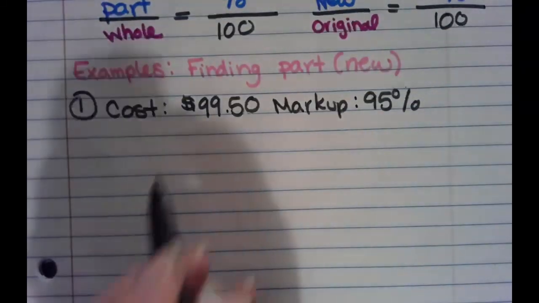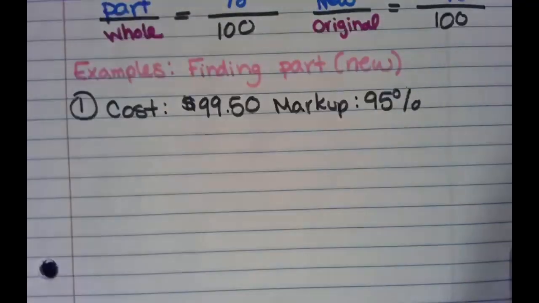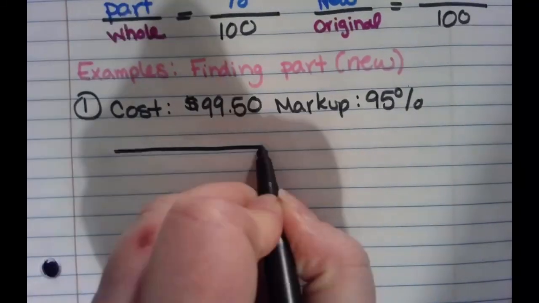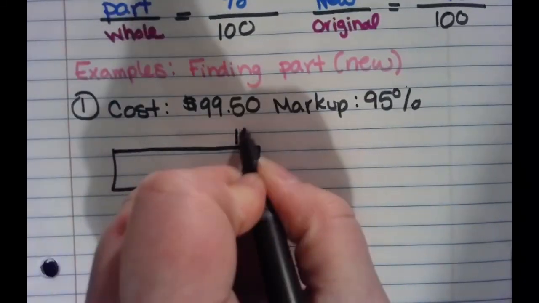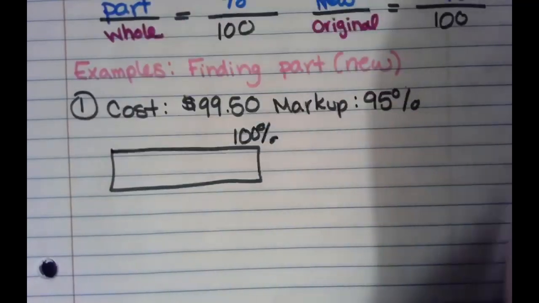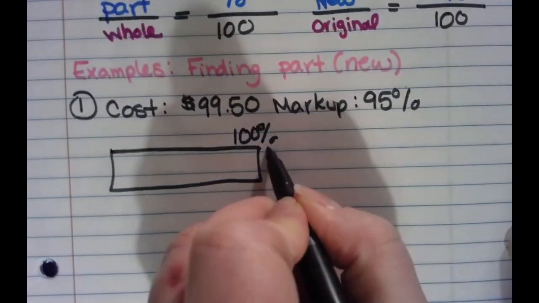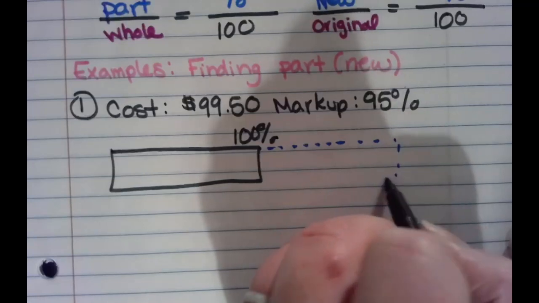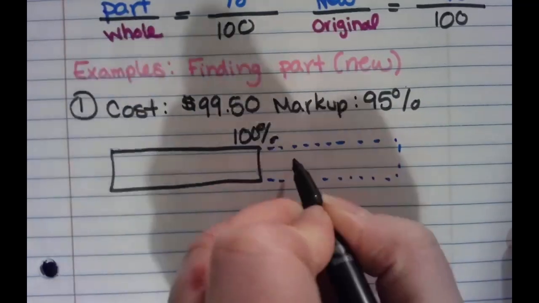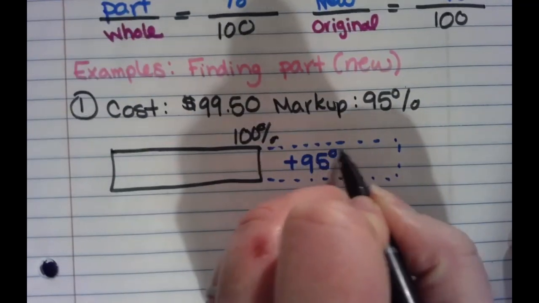So the first thing we need to do is draw a tape diagram. And since this is a markup, we're going to do a percent increase. So you always draw your tape diagram, label 100, and then draw it as an increase or a decrease, okay? So this is an increase, and we know that the increase was 95%.